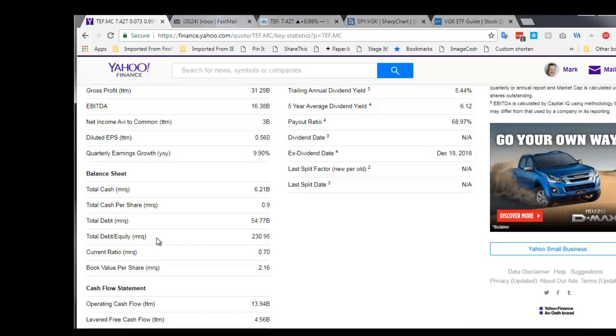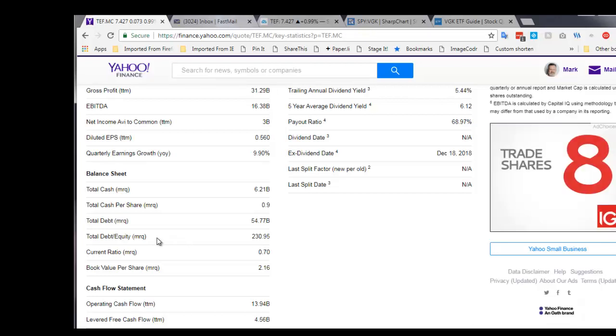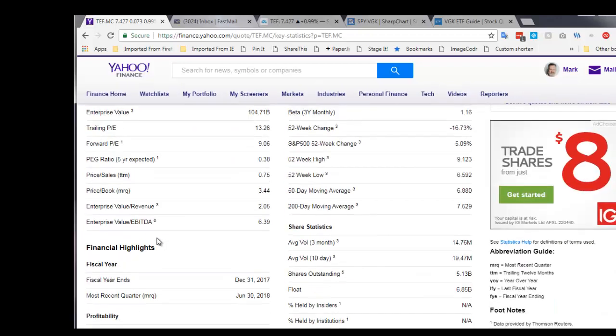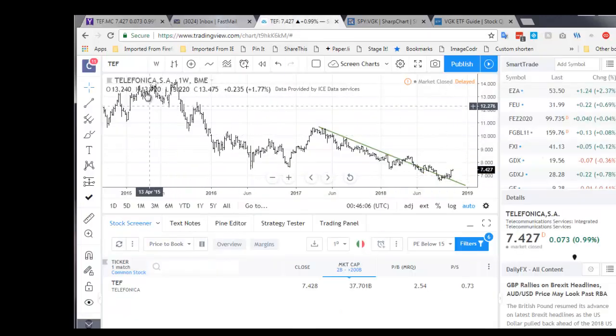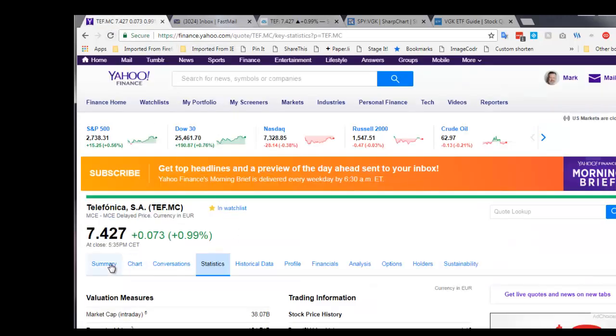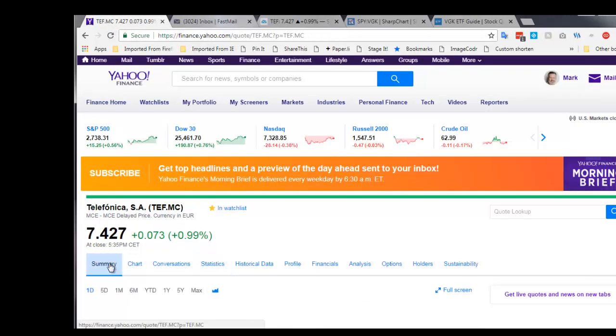This is the challenge for Telefonica. It is heavily indebted, 230% debt to equity. So that's the risk in the business, and that probably explains that chart more than anything else. It's this debt to equity that is driving this chart downwards. I suspect also that this business has a fair amount of exposure to, we'll go to profile, Latin America.